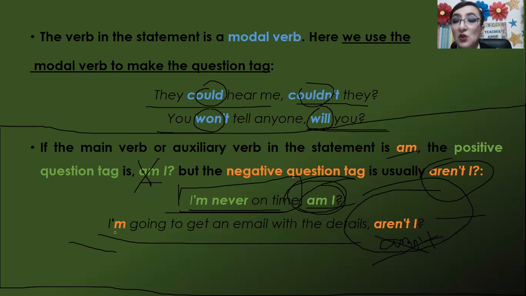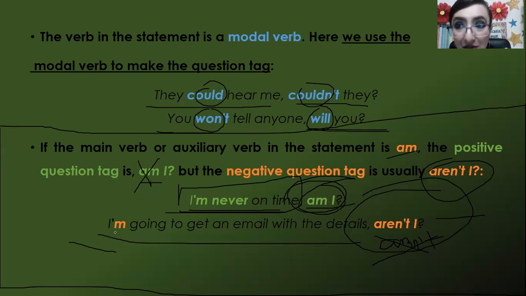We are not, we aren't. But with the verb to be, I am not or I'm not, that's the unique contraction that we are going to have. That's one of the reasons why we are going to use aren't I, because we don't have a contraction for negative verb to be with the first person singular, I.